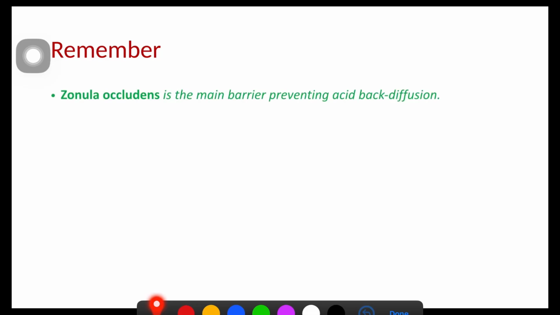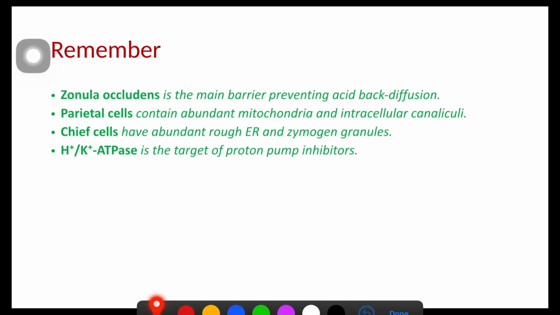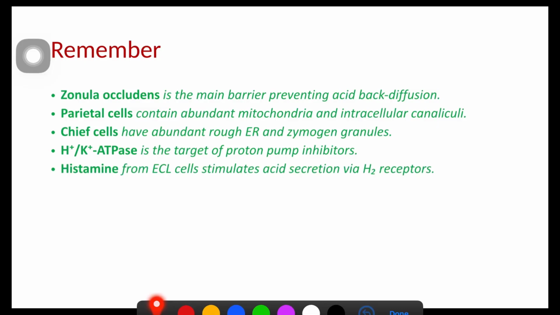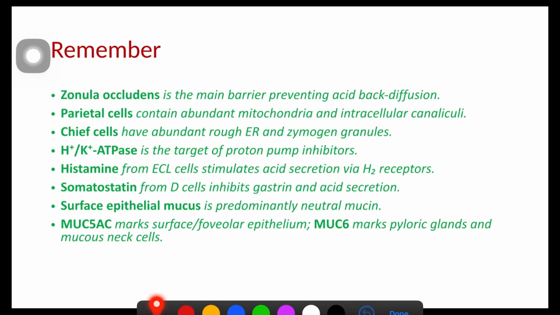So points to be remembered: zonula occludens is the main barrier; parietal cells contain mitochondria and intercellular canaliculi; chief cells have rough endoplasmic reticulum and zymogen granules; hydrogen potassium ATPase is the target of proton pump inhibitors; histamine from ECL cells stimulates acid secretion; somatostatin from D cells inhibits gastrin and acid secretion; surface epithelial mucus is neutral mucin; Muc5 is a marker of surface foveolar epithelium; Muc6 is for pyloric gland and mucous neck cells.